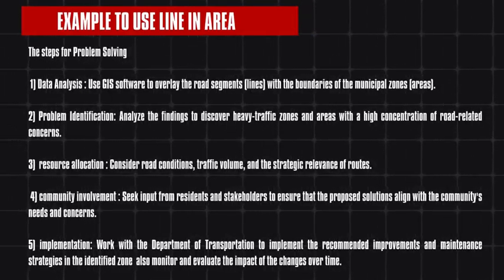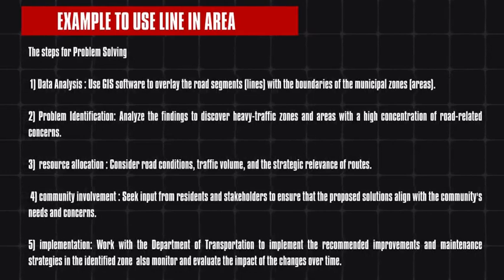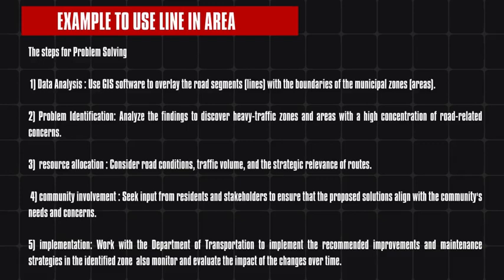First, data analysis. Use GIS software to evaluate the road segments within the boundaries of municipal zones. Number 2. Problem identification. Analyze the findings to discover every traffic zone and areas with a high concentration of road-related concerns. Number 3. Resource allocation. Consider road condition, traffic volume, and the strategic relevance of roads.